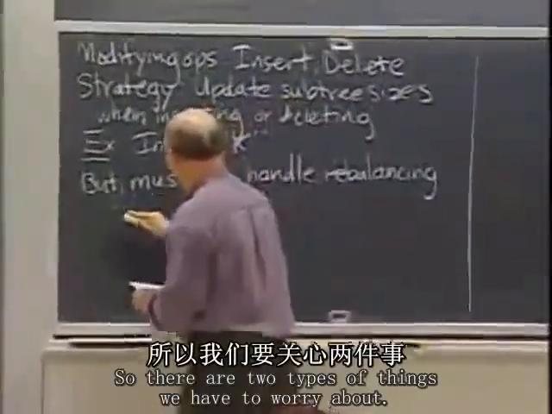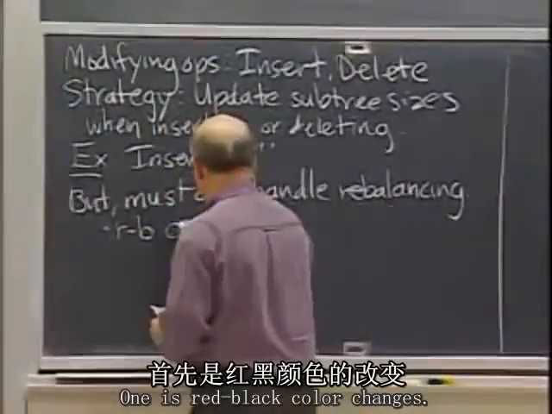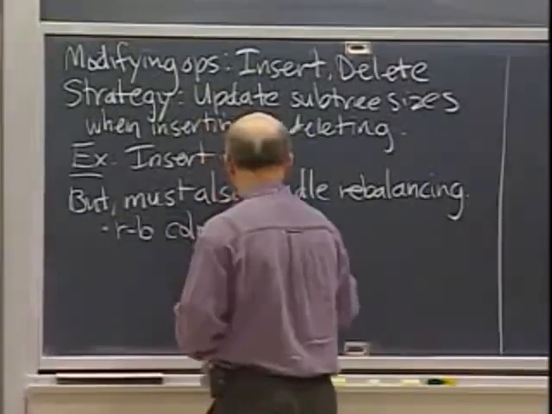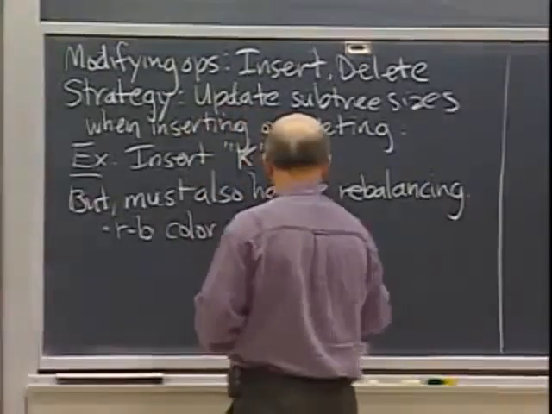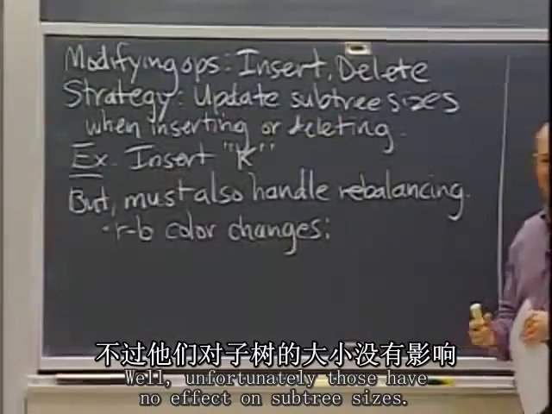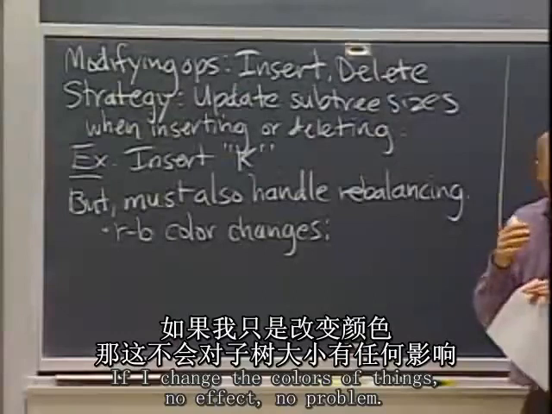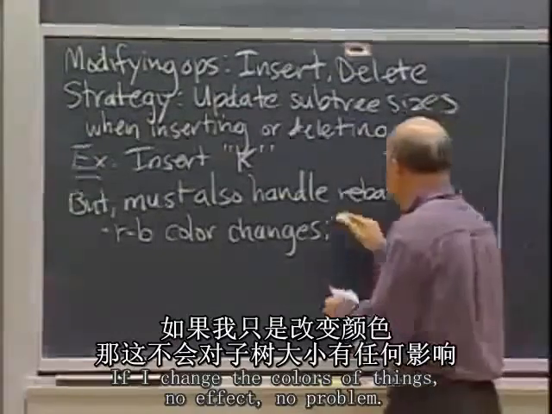So there are two types of things we have to worry about. One is red-black color changes. Fortunately, those have no effect on subtree sizes. If I change the colors of things, no problem.